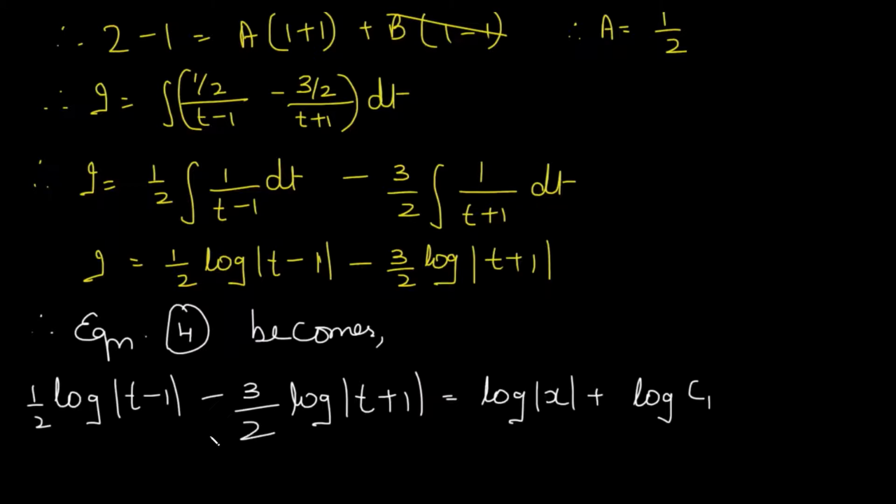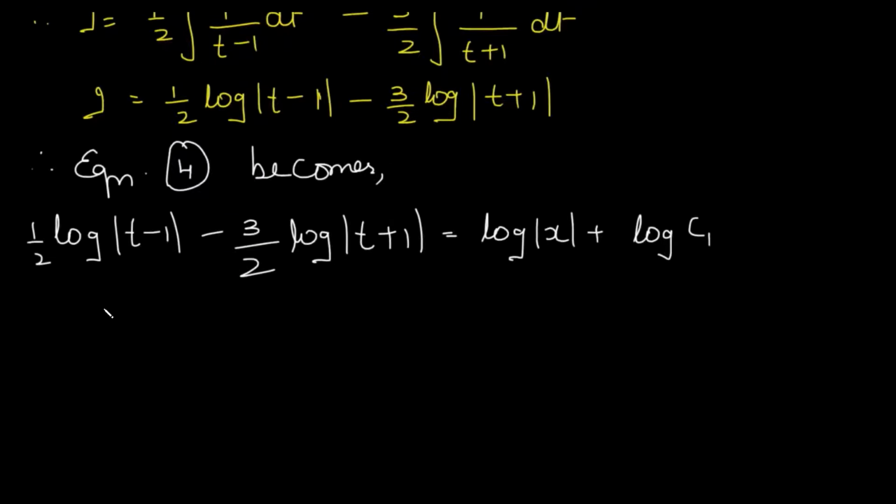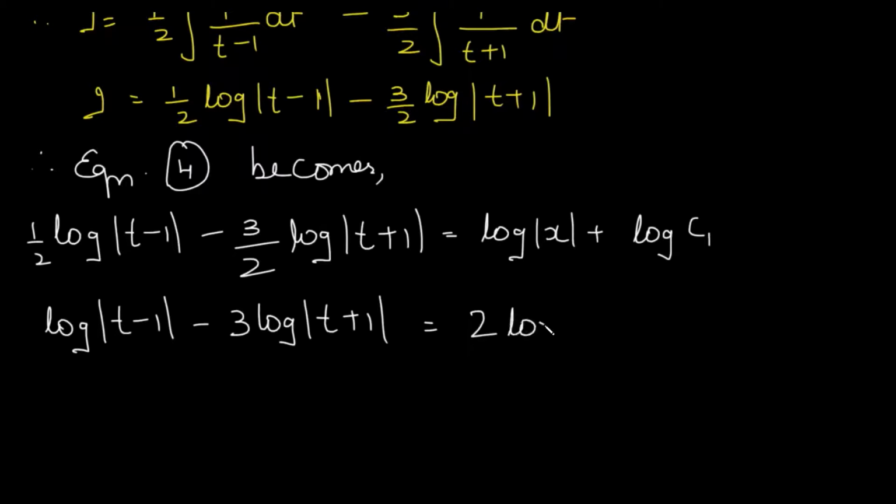Then we remove the denominator from the LHS by bringing it into the RHS. So we get over here now log t minus 1 minus 3 log t plus 1 is equal to 2 log x. 2 is multiplied over here on the RHS plus 2 log c1.